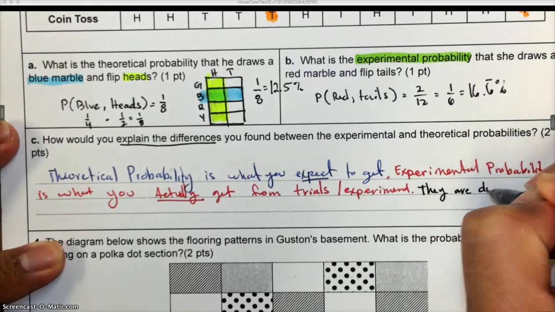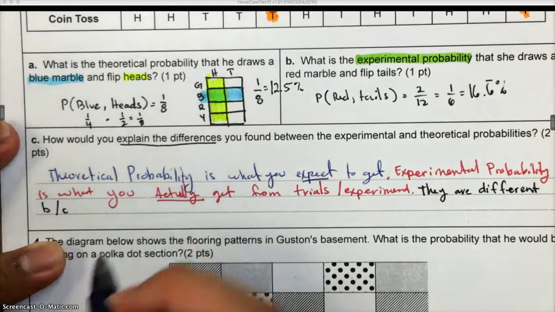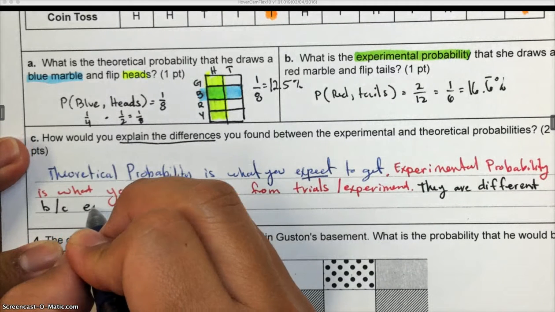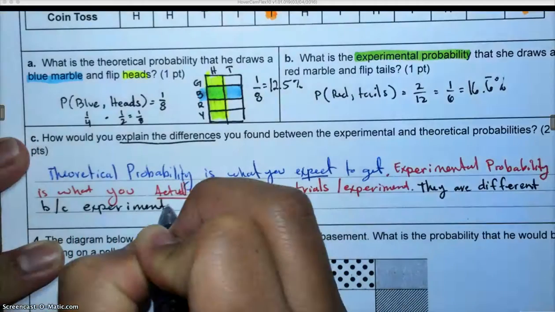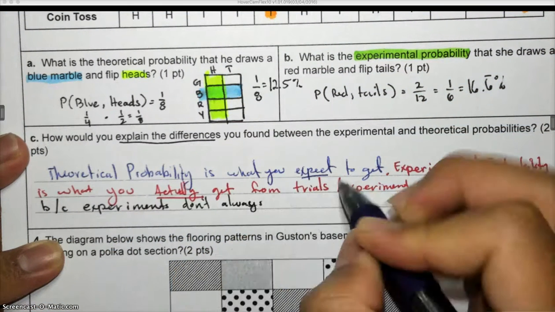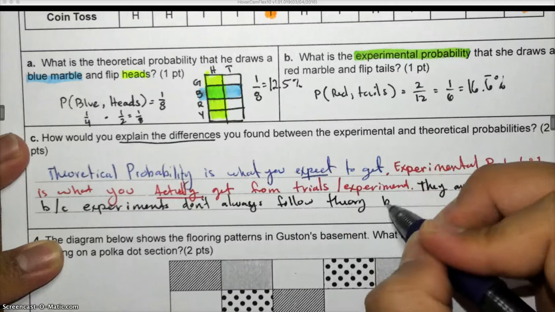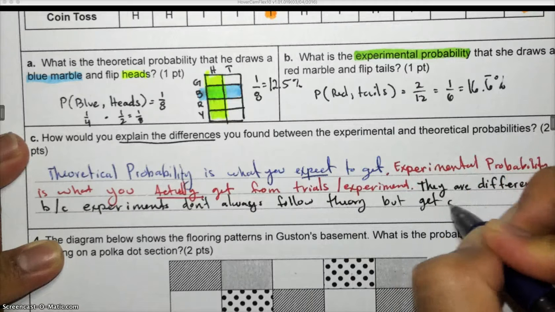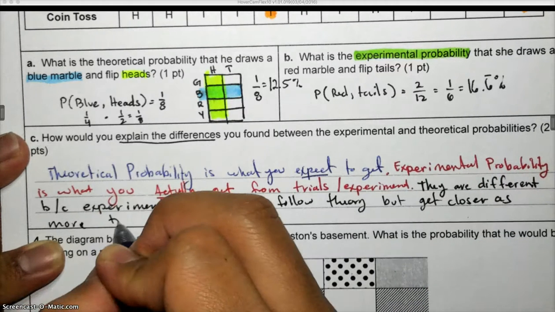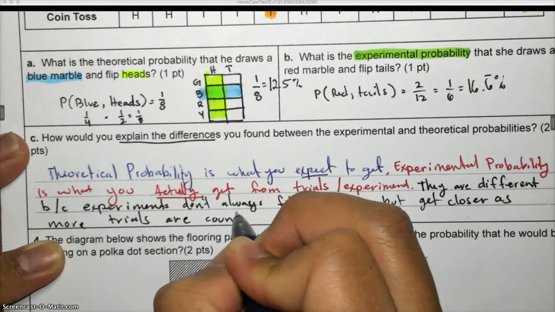They are different because, this is shorthand for, they are different because experiments don't always follow theory, but get closer as more trials are counted.